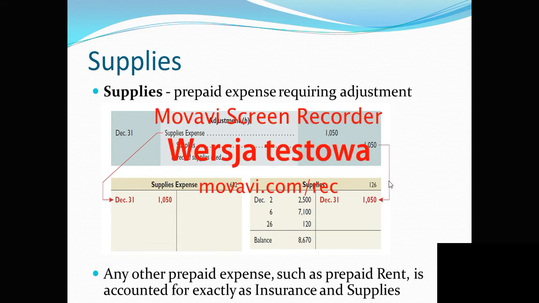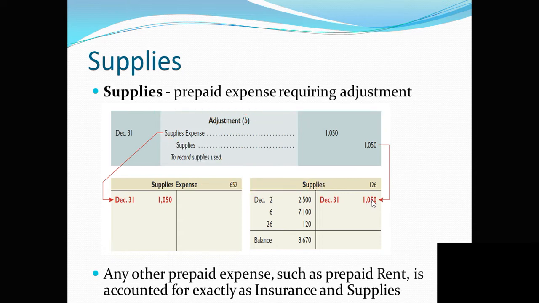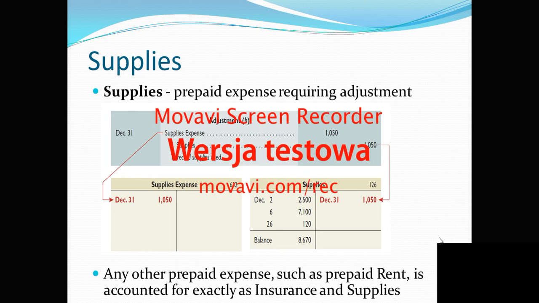And during this month, the accounting department made their calculations and found out that $1,050 of supplies were used during this period. Alright. Any other prepaid expense, such as prepaid rent, is accounted for exactly as insurance and supplies.